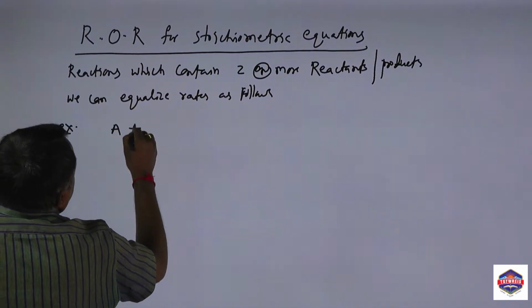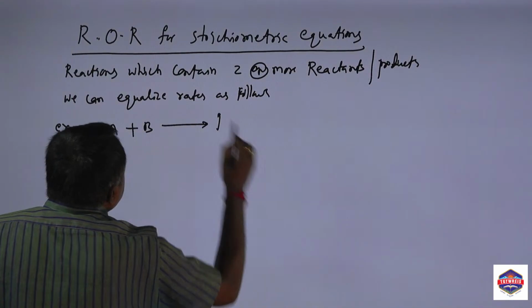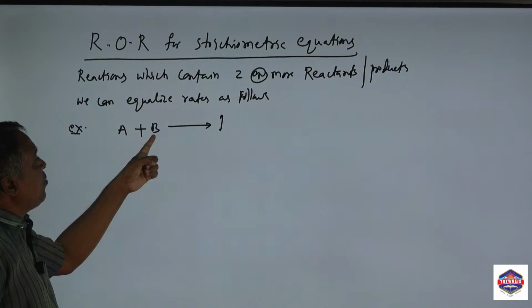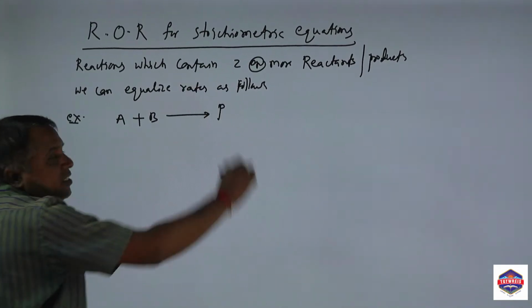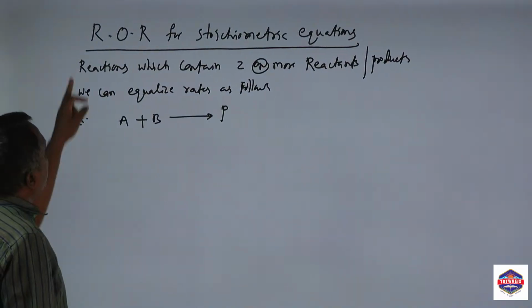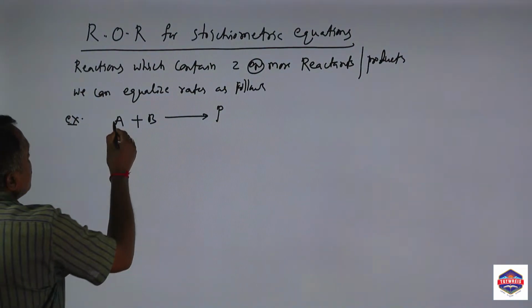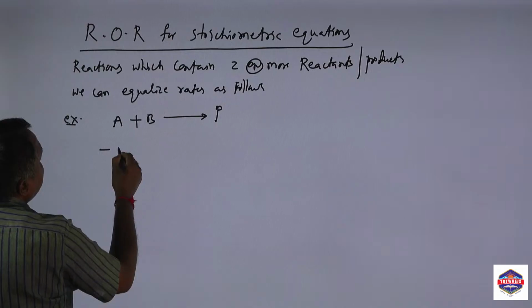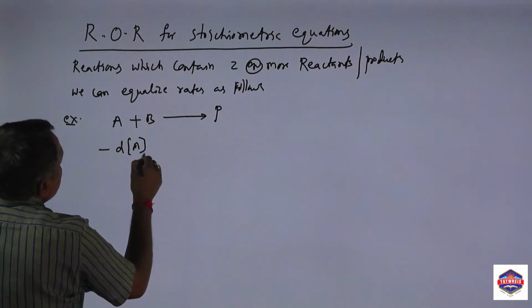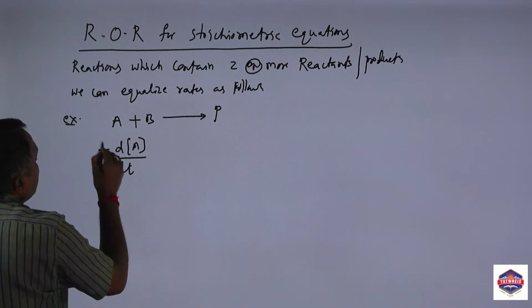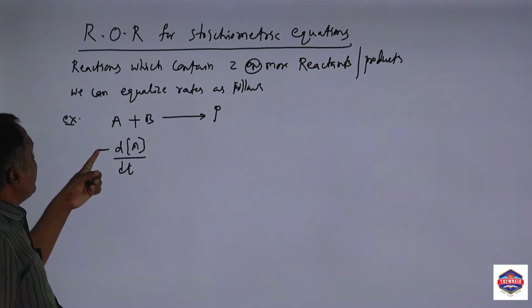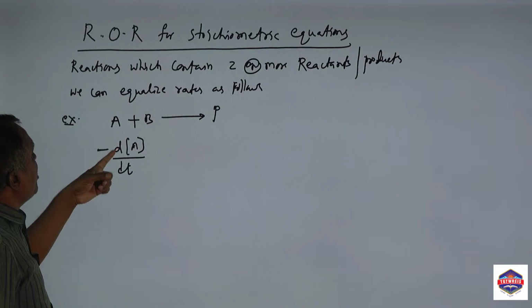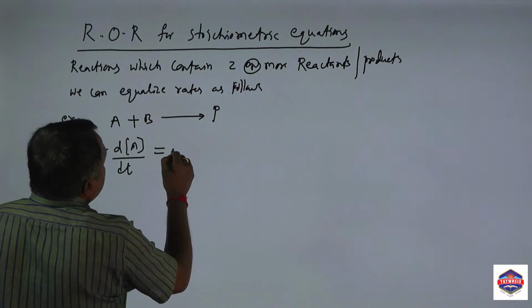For example, take A plus B gives product P. This is one stoichiometric equation. In this equation, 1 mole of A reacts with 1 mole of B to form a single product. So for this reaction, how can we equalize the rates? This is the reactant, therefore you place a negative sign before the rate of reactant A, because the rate is decreasing, so you must place a negative sign before dA by dt, and this must be equal to negative dB by dt.